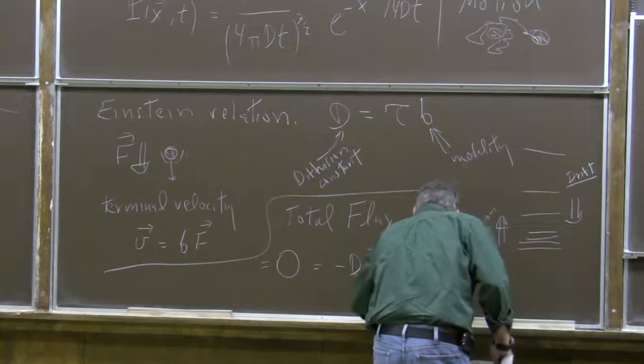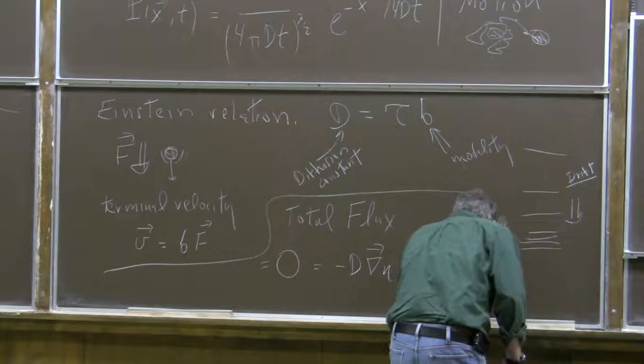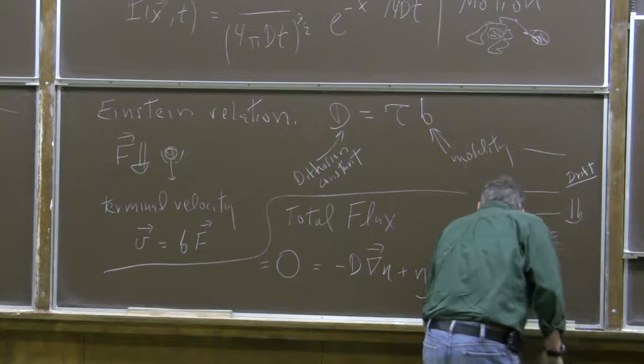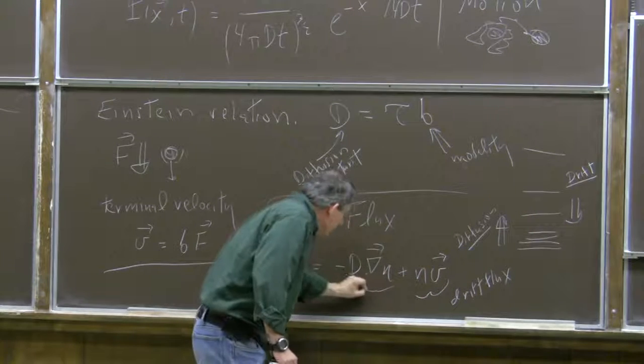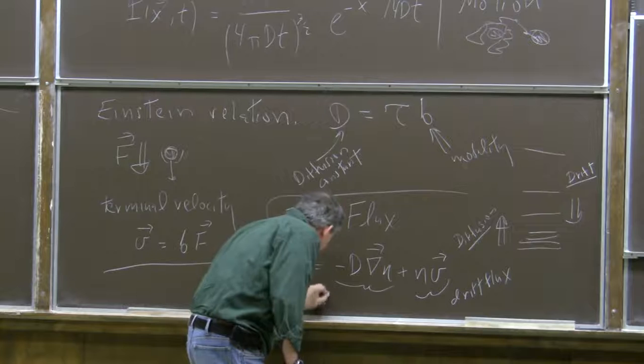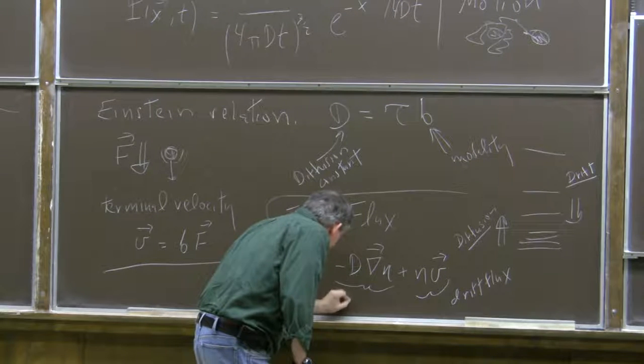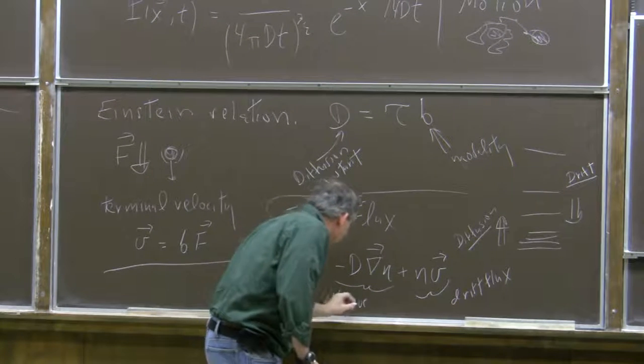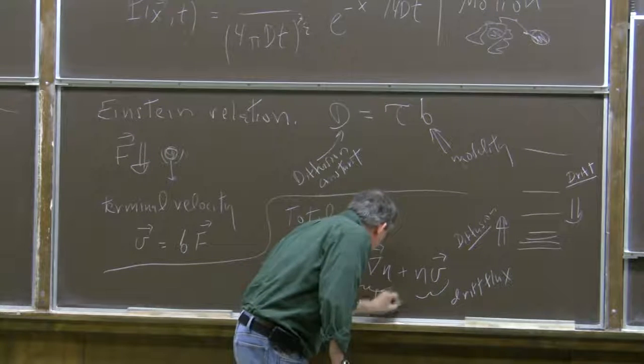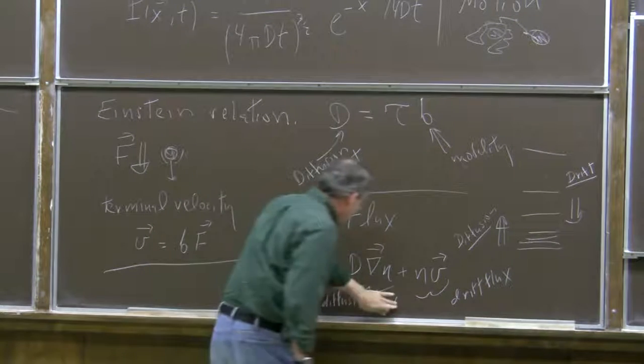So this is, if you like, the drift flux. And this is the diffusive flux. Once we reach an equilibrium situation, they add up to 0. They're equal and opposite.